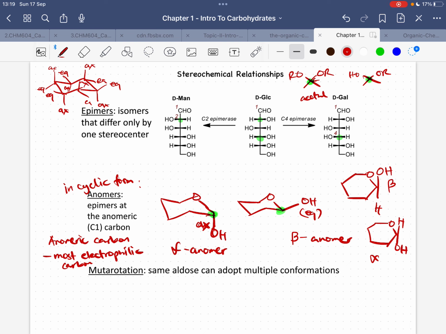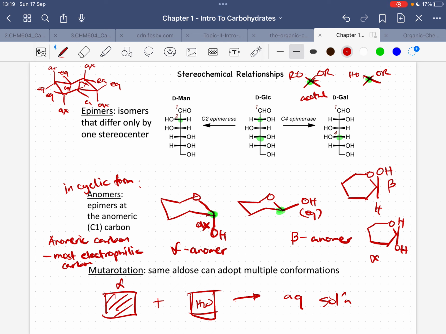Mutarotation is a phenomenon where, for example, you have sugar and you mix it in a glass of water, so it now becomes an aqueous solution. When it is solid, the sugar adopts a specific configuration, for example alpha.